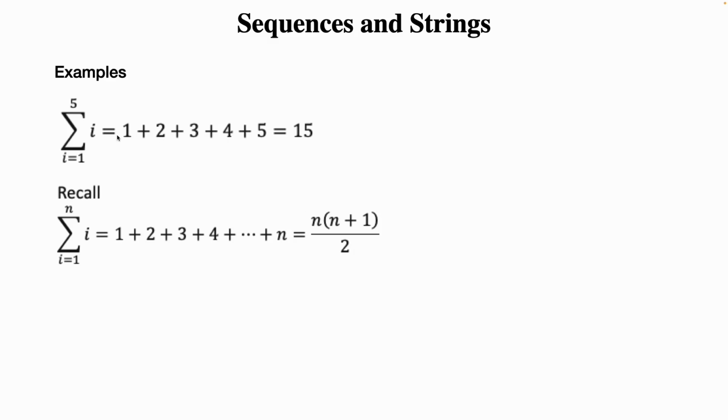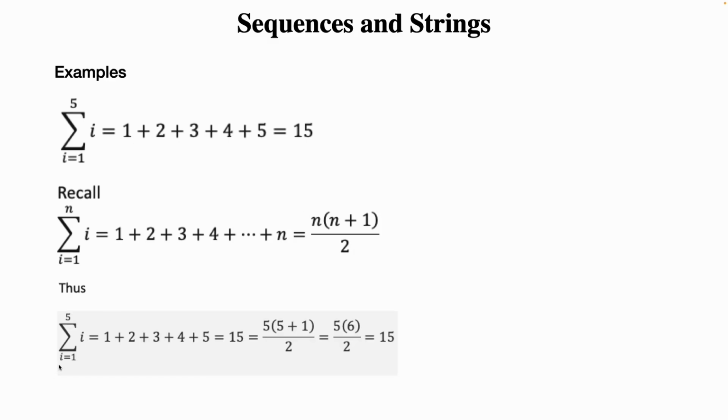So if I go back and look at this previous one, n is 5. So if I plug it in for n here, I get 5 plus 1. So it's 5 times 6 divided by 2. 5 times 6 is 30. Divided by 2, you get 15. Same answer as if you just added them up.